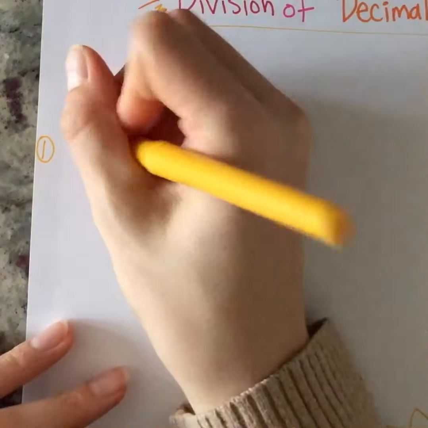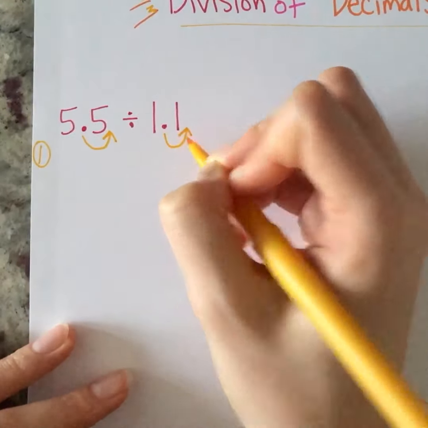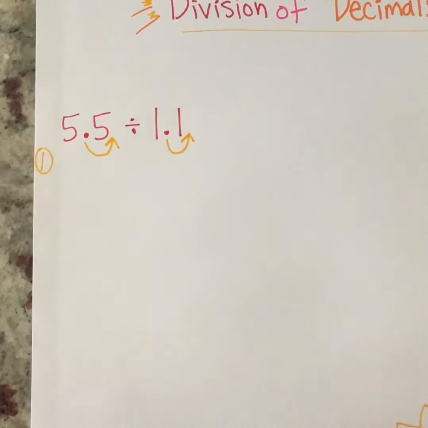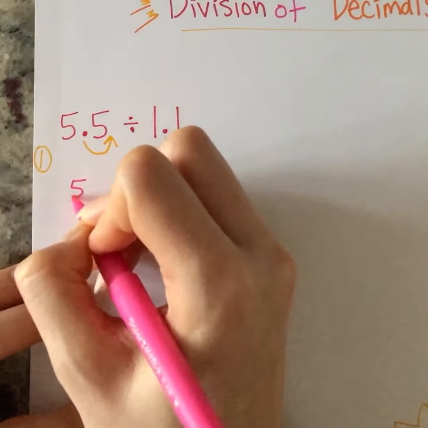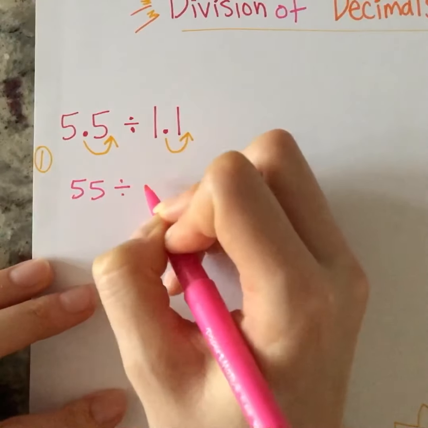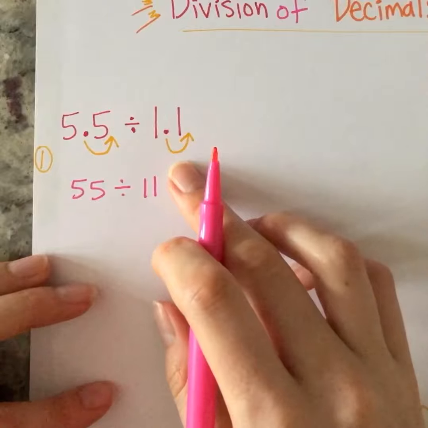So I'm going to move my decimal point one place to the right. That's also the same as multiplying by 10. One place to the right for our new decimal. So our equivalent problem will be 55 divided by 11, because we moved our decimal place one space to the right for each.